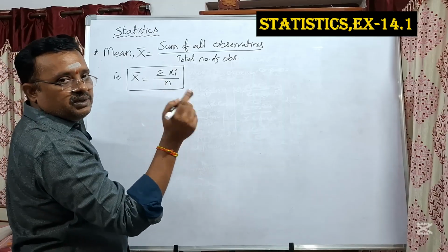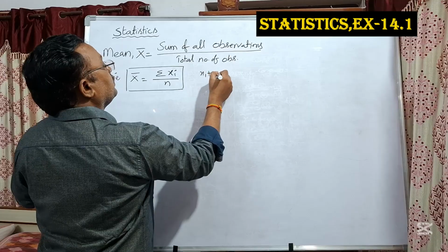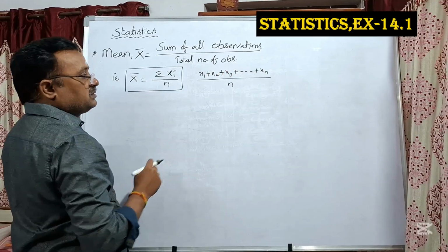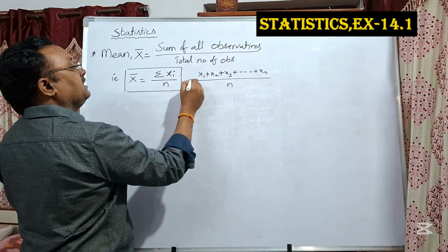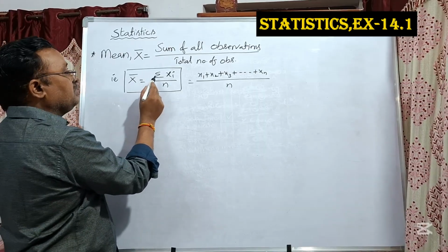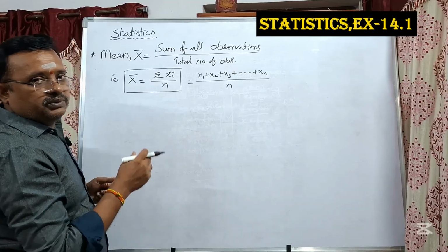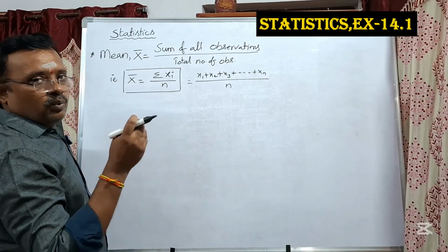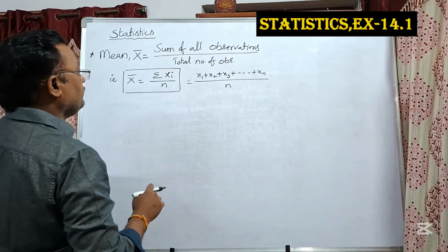Xi means individual observations, x1 plus x2 plus x3 and so on up to xn, the sum of n observations divided by the total number of observations. Simply, it can be written as x bar equals sigma xi by n. Using this we did a few problems in 9th class. Based on this formula, 1 mark bits can be asked in 10th class. Keep it in mind.